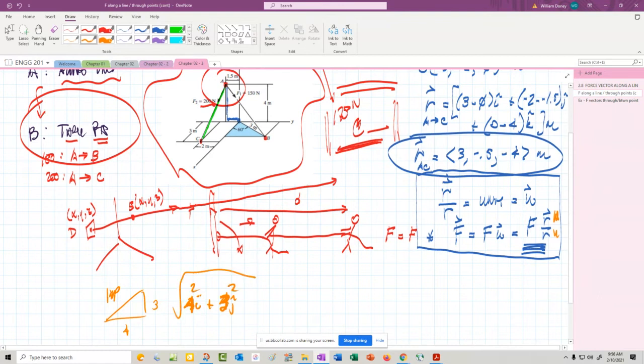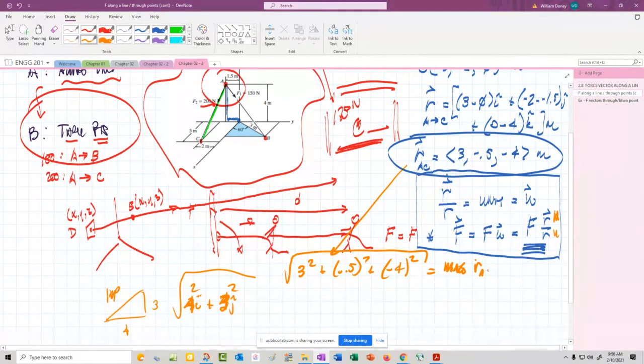That's Pythagorean theorem. We do the same thing in 3 dimensions, sort of like Pythagorean theorem for 3D. So what we're going to do is take 3 squared plus minus 0.5 squared plus minus 4 squared. We take the square root of that. That gives us the magnitude of that position vector, AC.